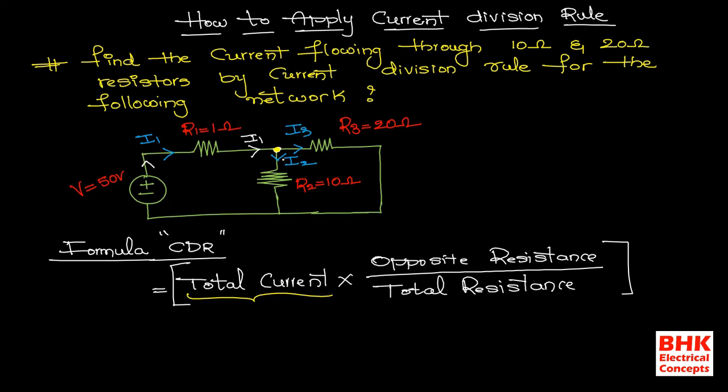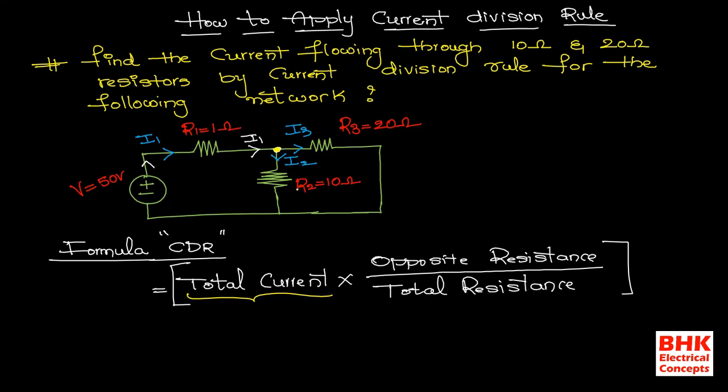So while calculating I2, the total current into the opposite resistance: if you are finding the current I2 flowing through R2, the opposite resistance is always R3, and divided by the total resistance, meaning the addition of R2 and R3.